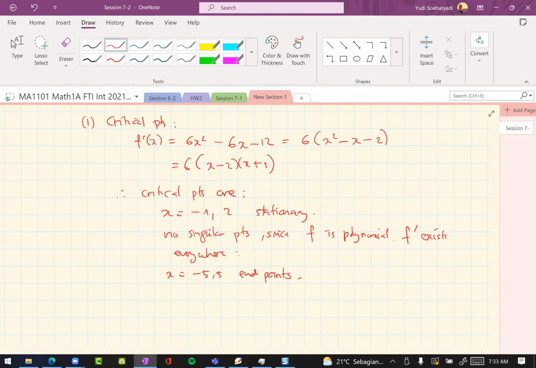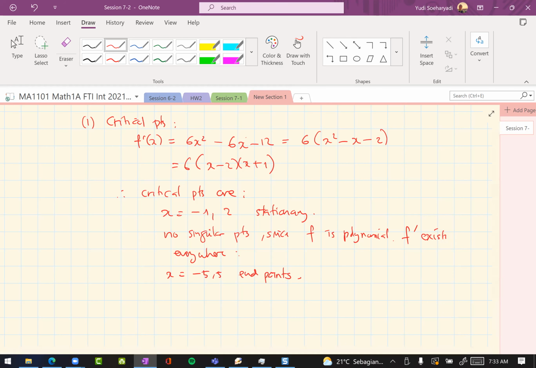So what we can say is that f is increasing on from negative 5 to negative 1 and from 2 to 5, and decreasing on negative 1 to 2. And what do we know further?